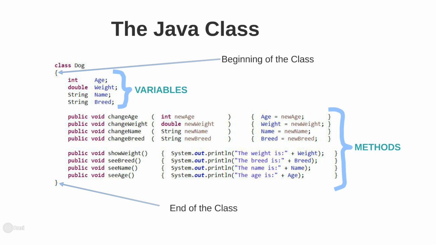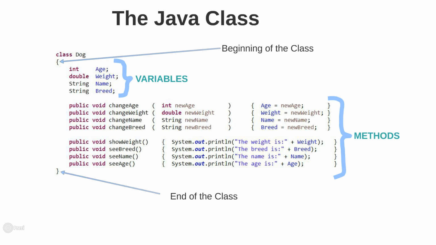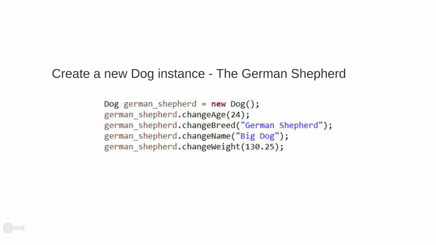This is basically your template of a general dog. Now, how can we use this to create a new instance, to create a new type of dog? We do it like so. For example, if we wanted to create a new German Shepherd, we'll say something like this here, and we'll get into detail about what exactly happens here later.